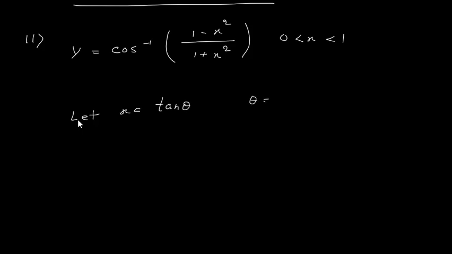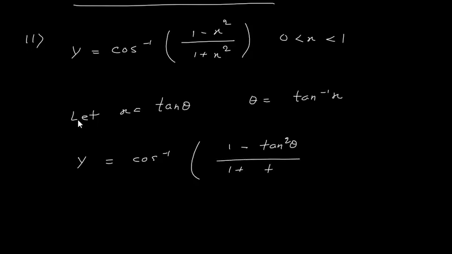Now theta will become tan inverse x, and I have y is equal to cos inverse of (1 minus tan square theta) upon (1 plus tan square theta).